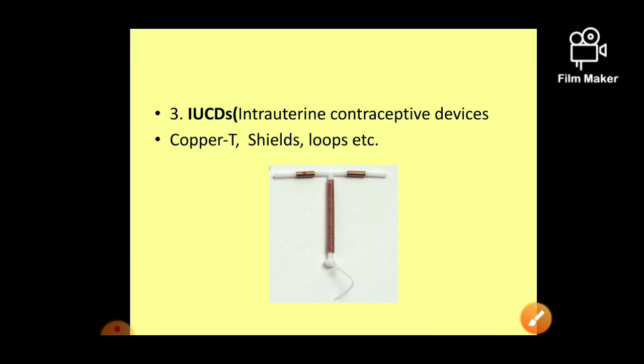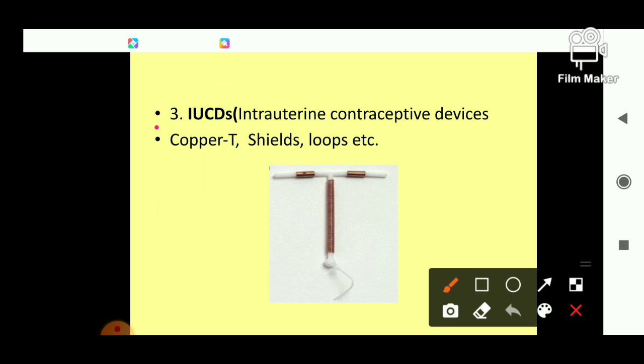Okay, now next is intrauterine contraceptive devices. These are also called IUCDs, right? The examples are devices made up of copper T, and they may also be of plastic and stainless steel. A copper T is inserted into the uterus by a skilled doctor or nurse, and it prevents implantation in the uterus.